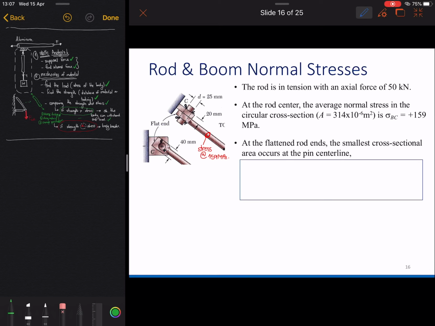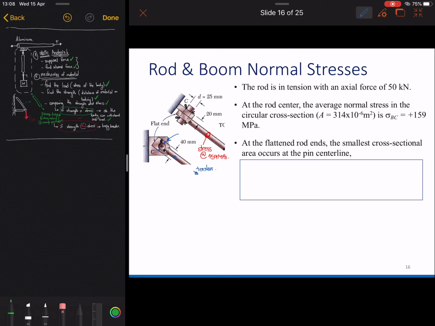At the flattened rod end, the smallest cross-section area occurs at the pin and the center line. We would like to find the stress in this area. You have tension in these directions. So in this smallest area here, you will also get the tension.